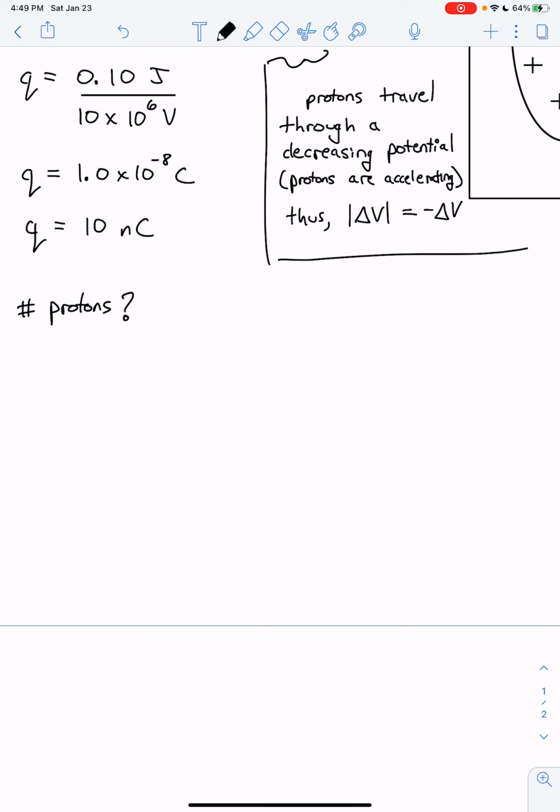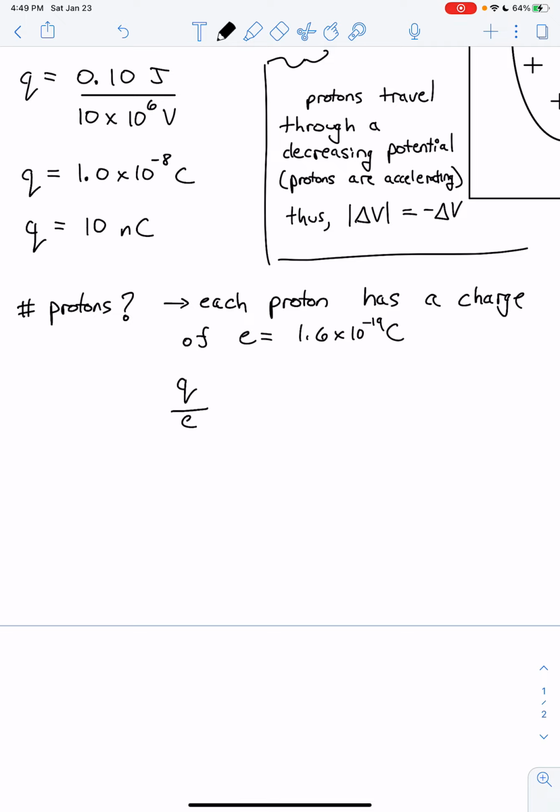Well, we know that each proton has a charge of E. So 1.6 times 10 to the negative 19 coulombs. And so we could just divide the total charge that we have by E to get the number of protons.